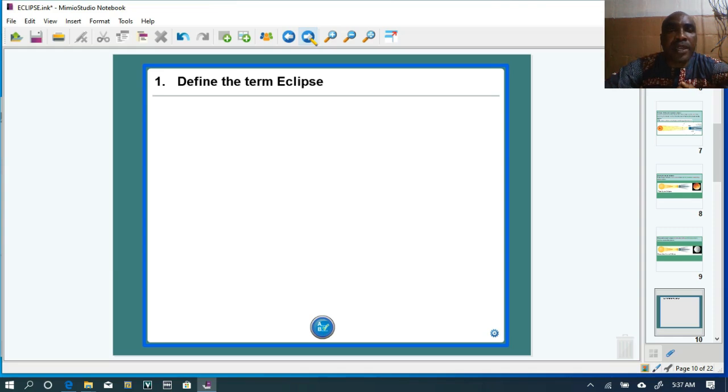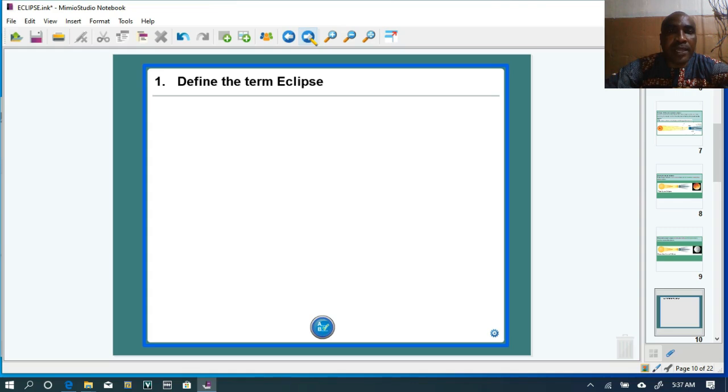A solar eclipse occurs when the moon, the earth, and the sun align. The moon blocks the rays of the sun from reaching the surface of the earth completely or partially.